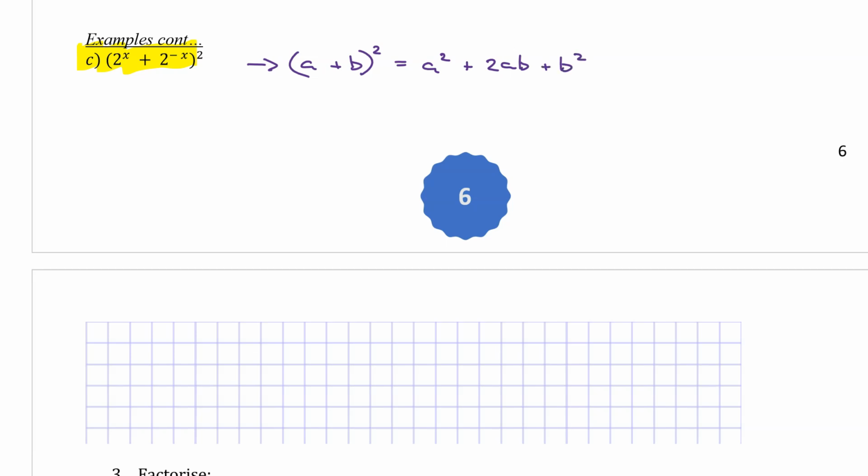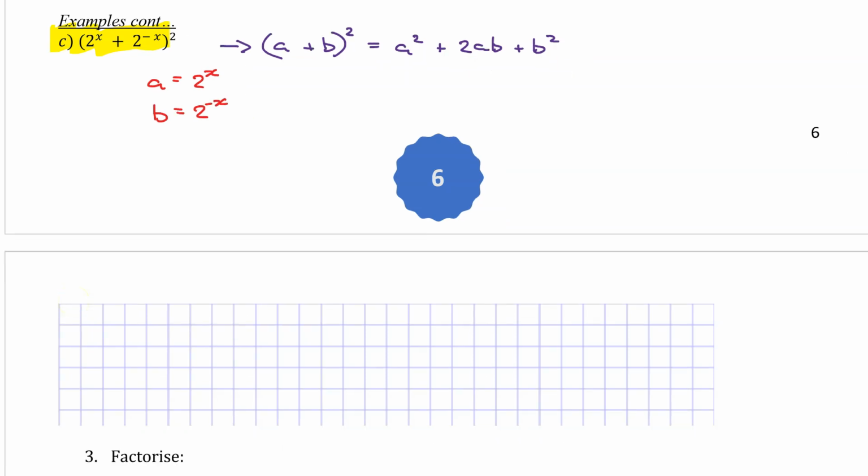If we follow this rule here, what we can do is simplify this out. So in this case, a is going to be 2 to the x and b is going to be 2 to the negative x.